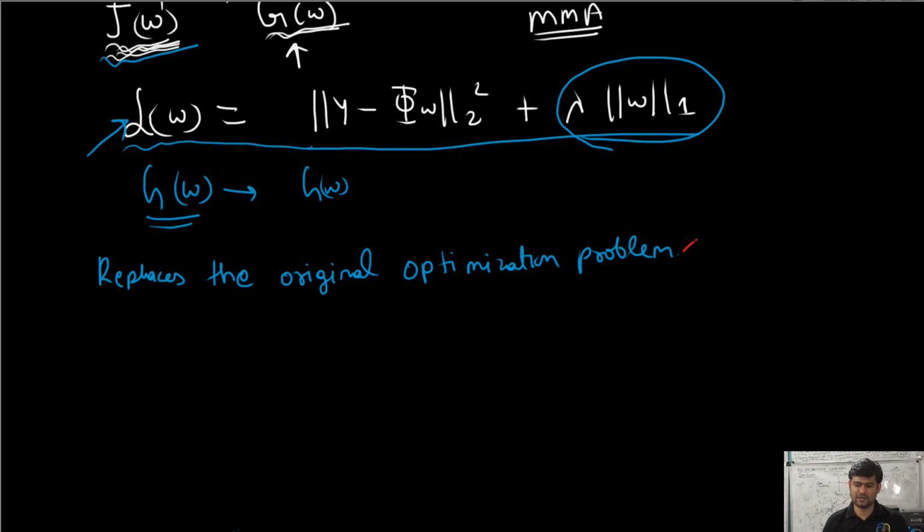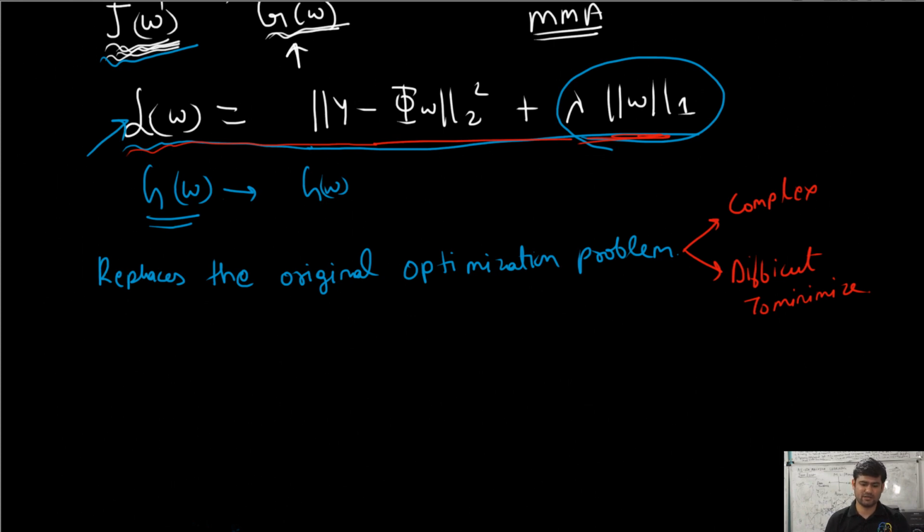So this problem can be too complex an optimization problem, or maybe just difficult to minimize. As we see in the L1 regularized linear regression, this term is not differentiable. So perhaps we can replace this objective function with a differentiable objective function, and then by minimizing that differentiable objective function, we can minimize the original objective or the loss function.